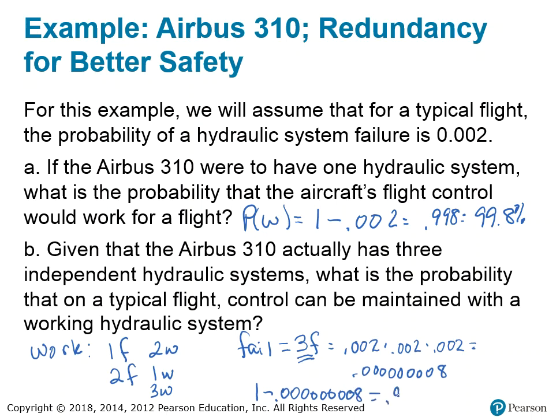So that's going to be 0.99999999 2. So we can feel pretty good riding on an Airbus 310 because the probability of it staying in the air is almost 100%.